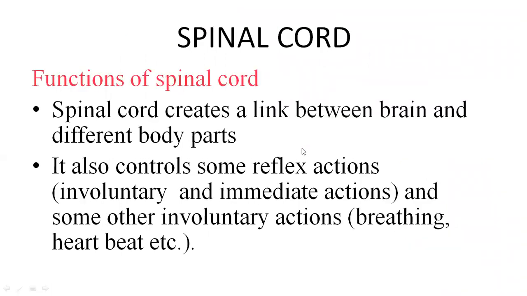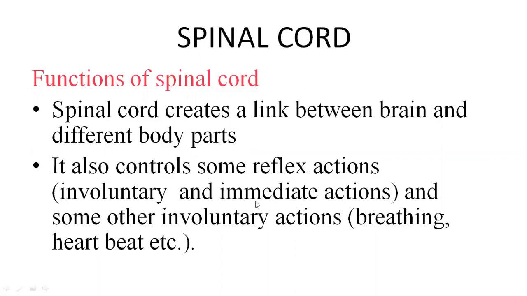Okay, then there was a slide about the functions of spinal cord. There are two main functions of spinal cord. Number one, it creates a link between the brain and different body parts and conveys information between the brain and body parts. And the second function is it controls some reflex actions like involuntary and immediate actions.